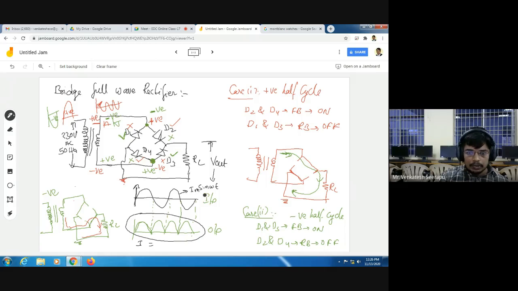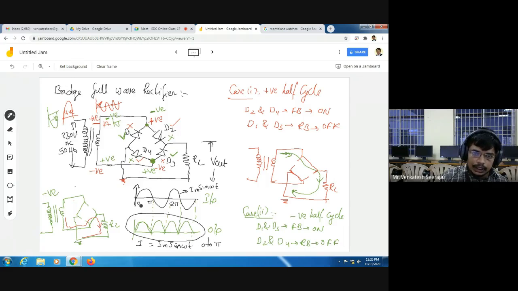The equation for the input waveform is, see here, for the first half cycle, the time period for a sine waveform is 0, pi, 2 pi. See here, for the first half cycle, our output waveform is the same as the input waveform. So for the first half cycle, whatever the input equation is, it is the output equation. It is for 0 to pi.